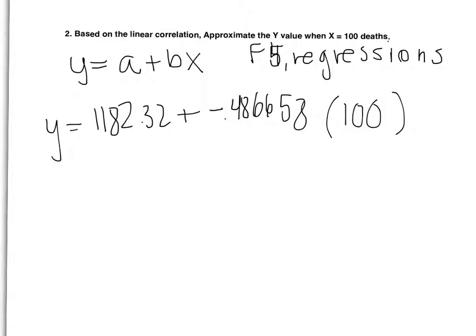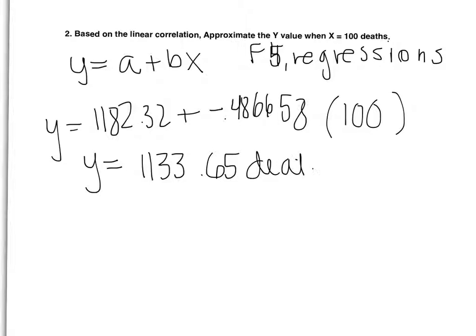And then when you calculate that formula, you know that if 100 deaths was x, then y would equal 1,133.65 deaths. And then since there is no relationship, all of these y's are y bar because they are not involved with a relationship.